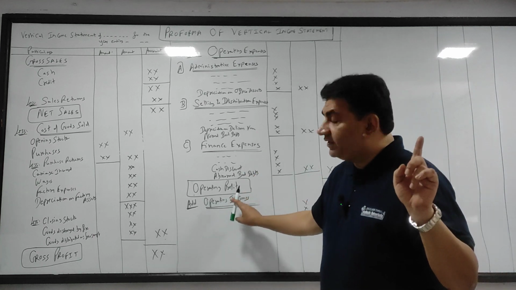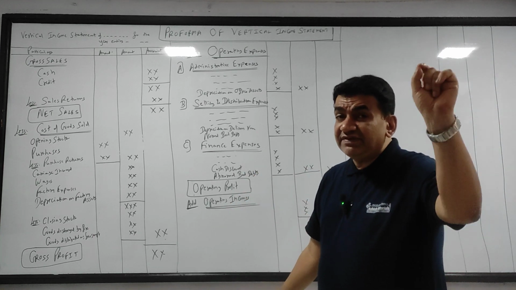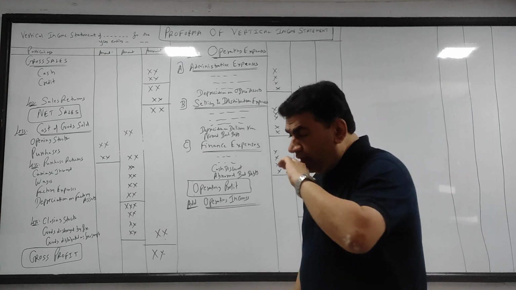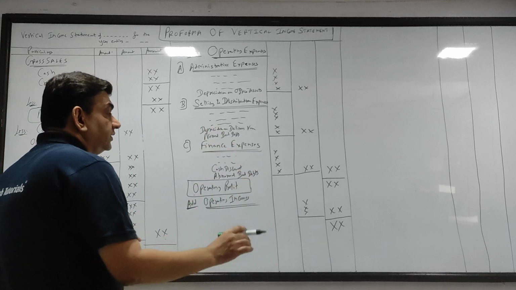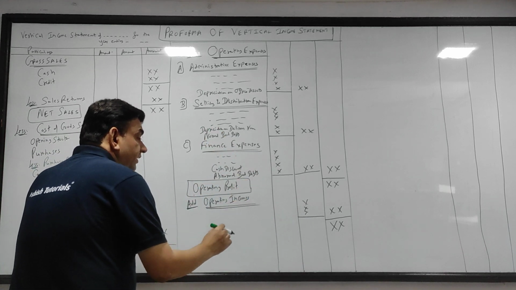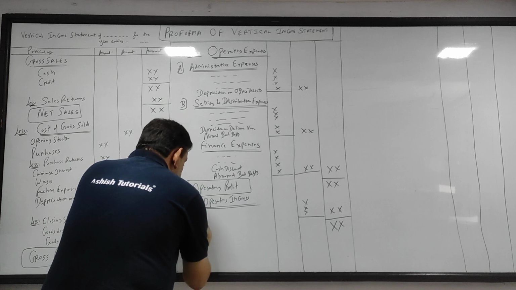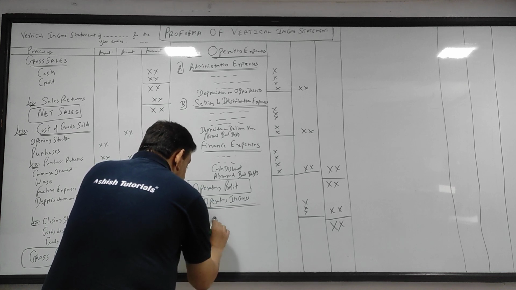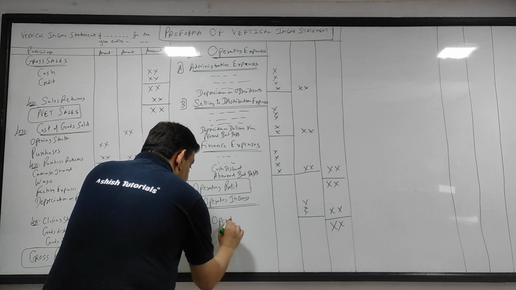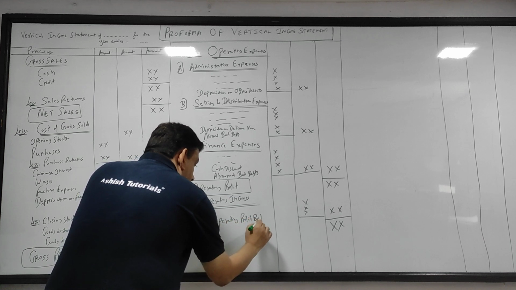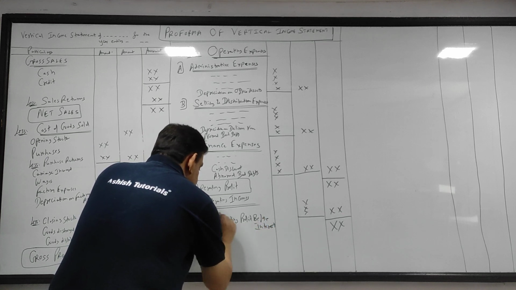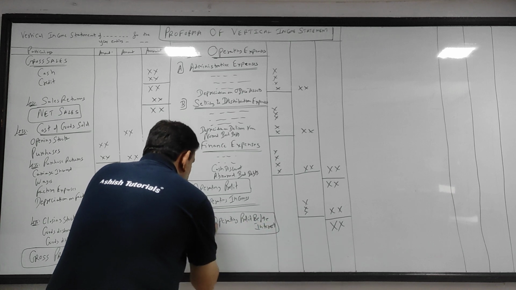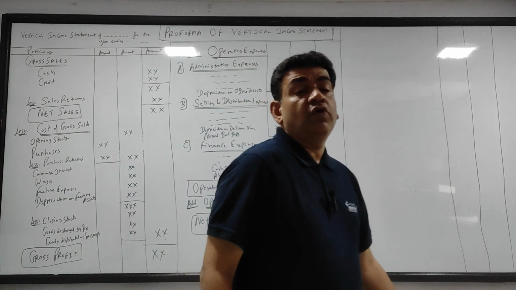We will use the same word, but we will add the word net. This will be my net operating profit before interest.